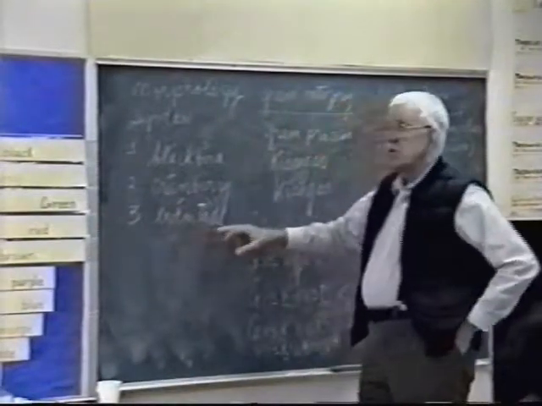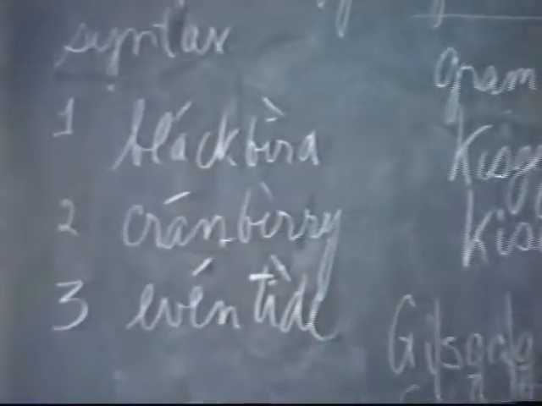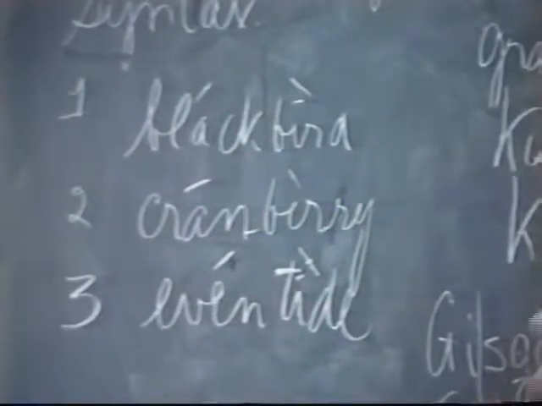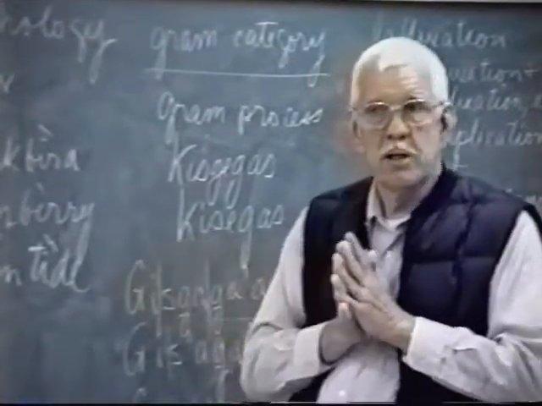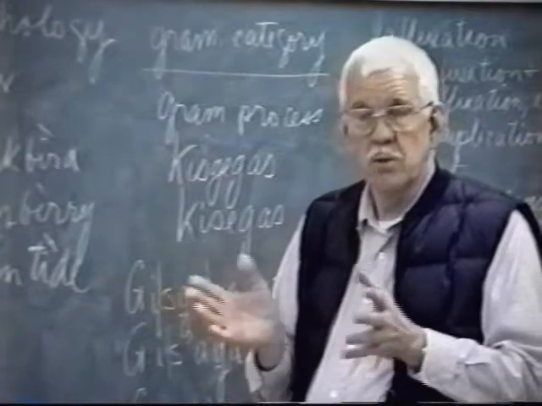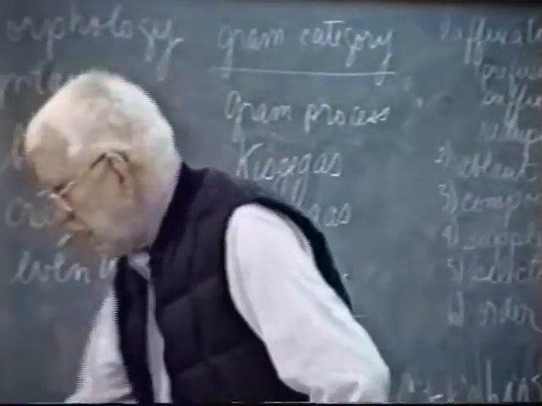But remember, in the eventide kind of compound, one of the two elements doesn't look like, doesn't sound like the corresponding independent word, the word that can occur independently by itself in the language.